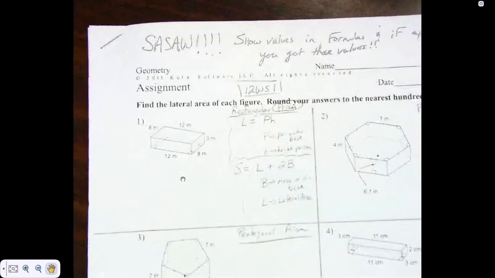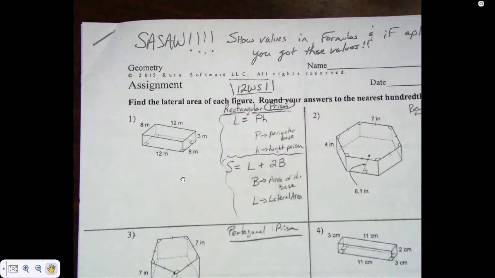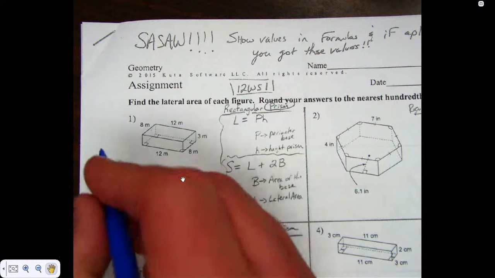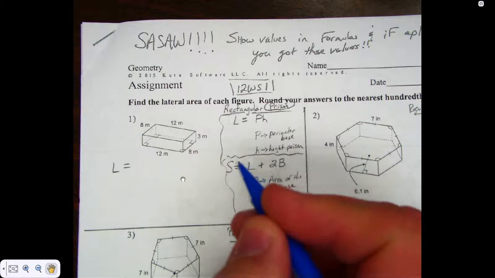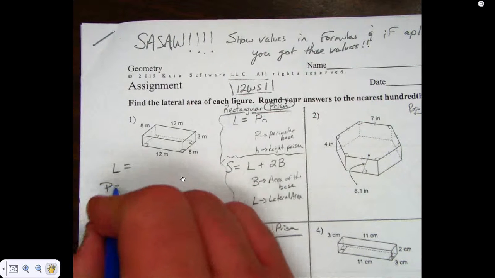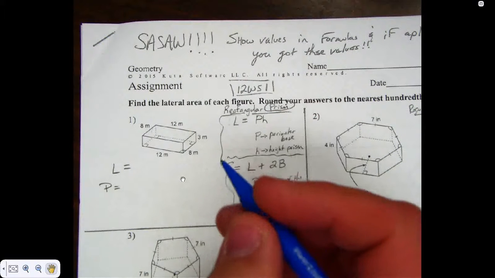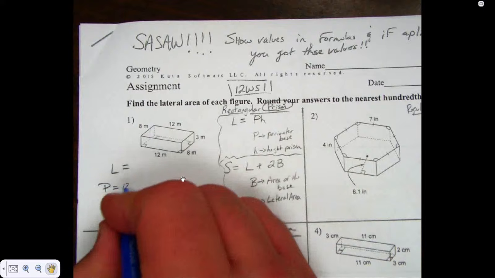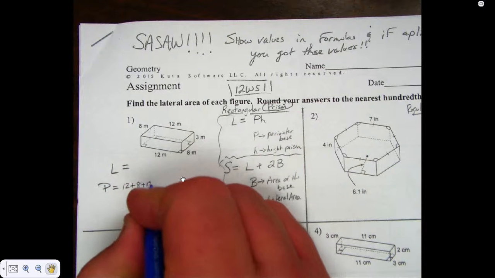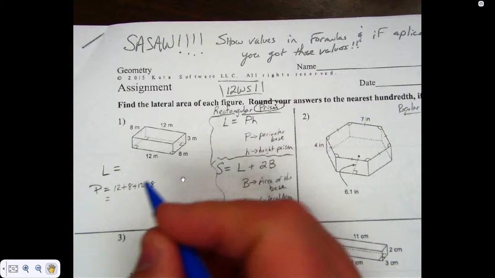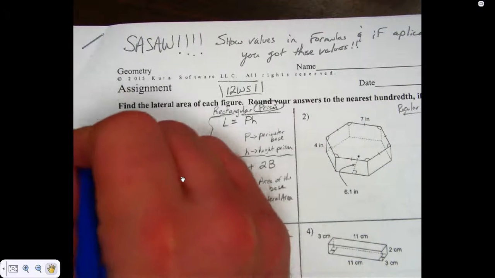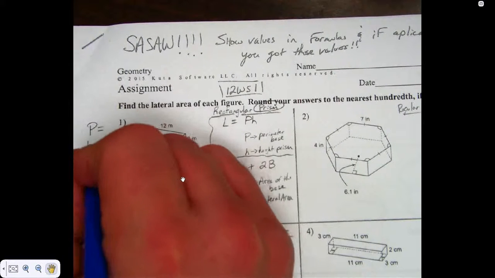Let's start with number 1. How would I find the lateral area here? How do I find the perimeter? The perimeter is what? Okay, so, which makes our perimeter what? So we need to find the perimeter, and we need to find what?